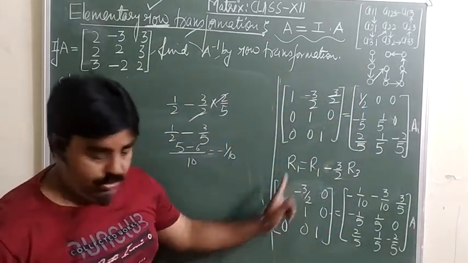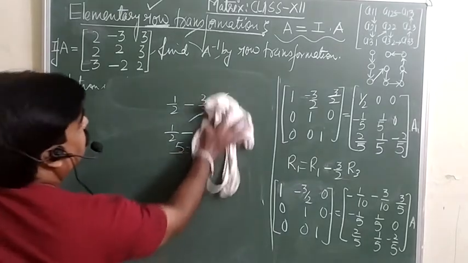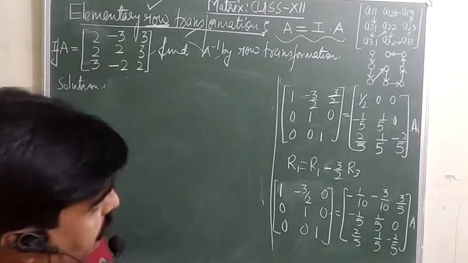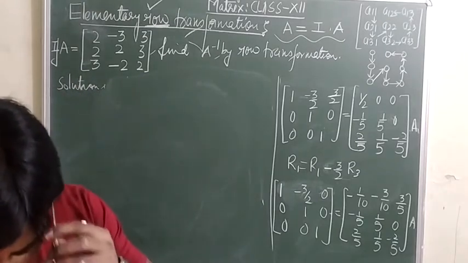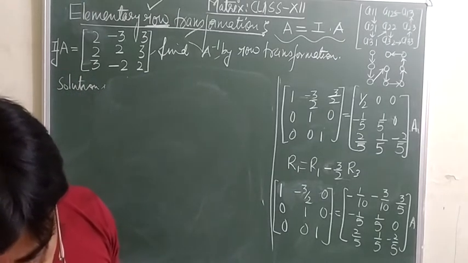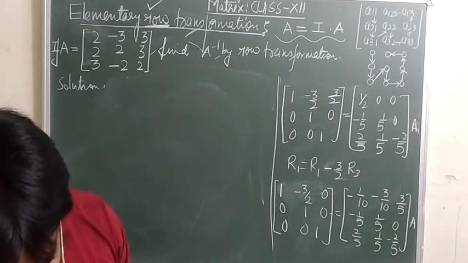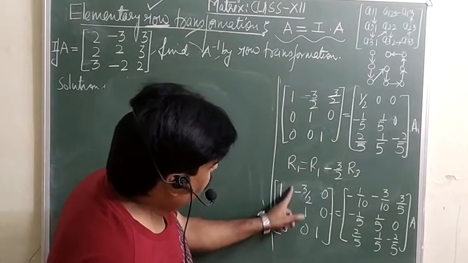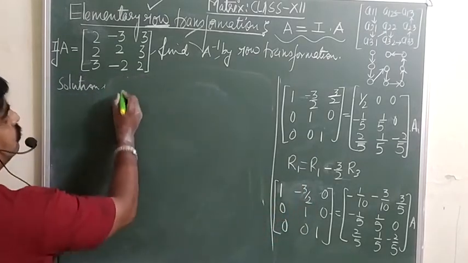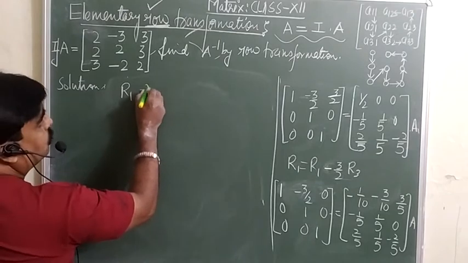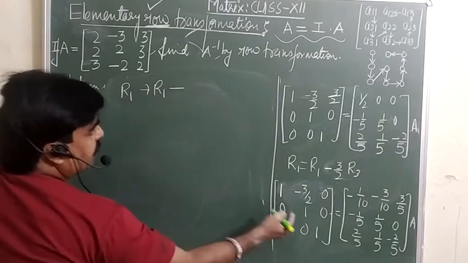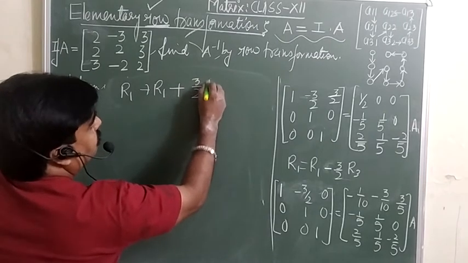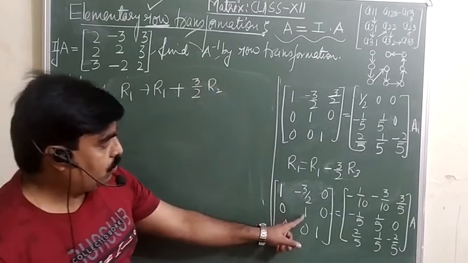Here we want 0. So look at here now. Let me check whether we are correct or not up to here. Here we are supposed to make it 0, in the first row. So from the first row, we are supposed to add 3 over 2 times of the second row.